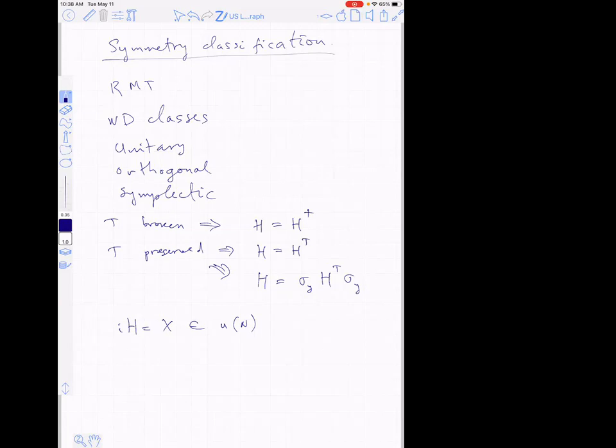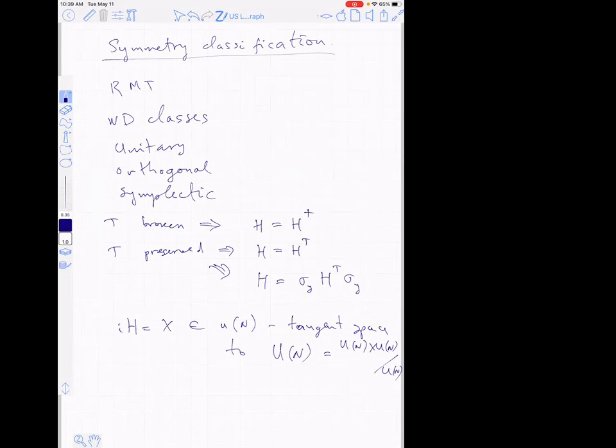This group itself can be written as U(N) cross U(N) mod U(N). That's some kind of a coset space, which in this case is just a group itself.